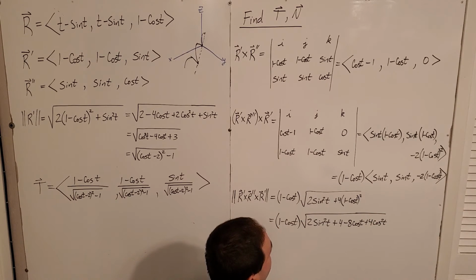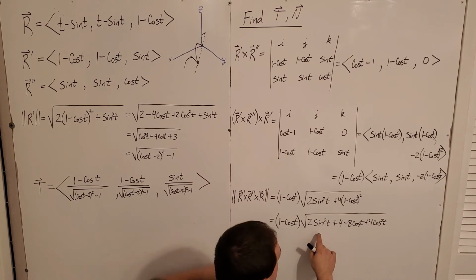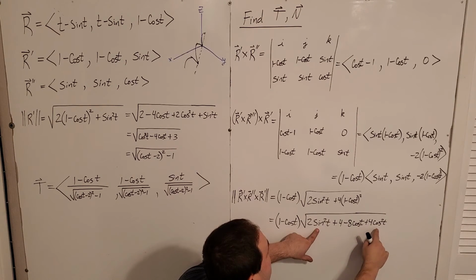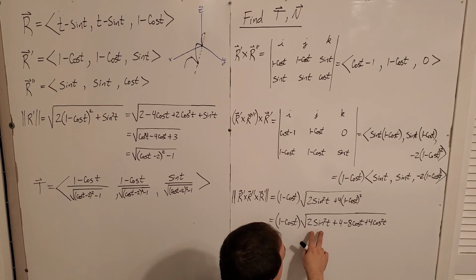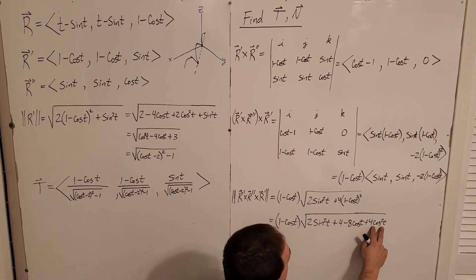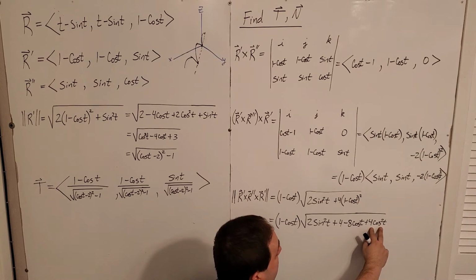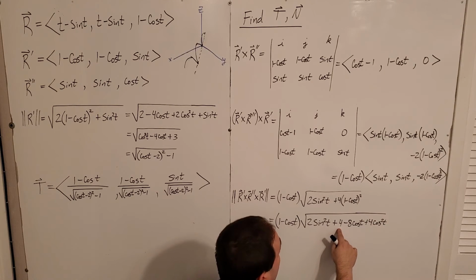Okay? So definitely we want to interact something with these sine squareds and cosine squareds, don't we? Absolutely. What's going to happen there is I'm going to get 2 sine squared plus 2 of the cosine squareds is going to give me a 2, right? So plus the 4 will give me a 6.